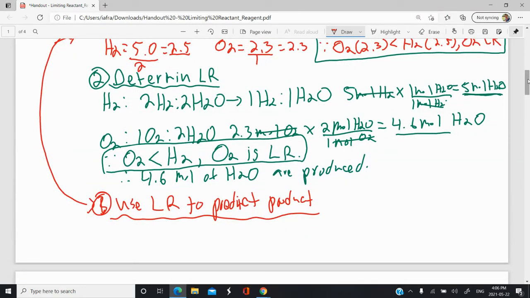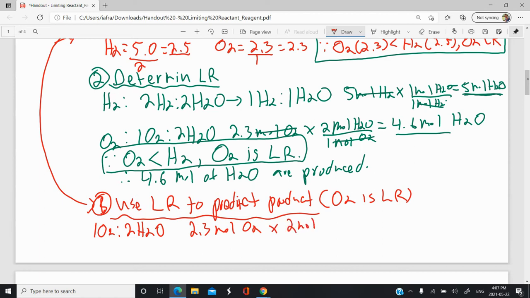So you would have done your mole ratio between them. It's a 1-to-2 ratio. So just a note here, O2 is LR. And you would have done that you have 1 O2 for every 2 H2O. So you would have said you have 2.3 mole of O2 multiplied by 2 mole of H2O for every 1 mole of O2.